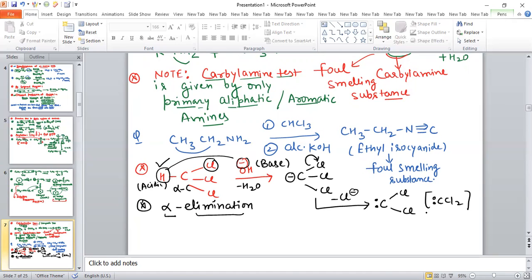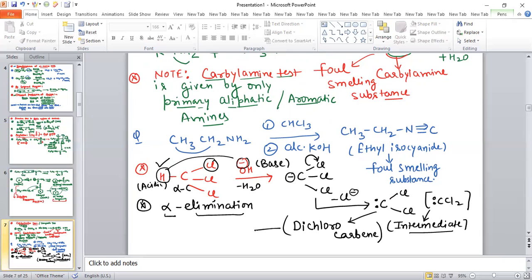The question has also been asked which intermediate is obtained in this reaction. The intermediate obtained is dichlorocarbene, and it can also be asked which type of carbene this is.